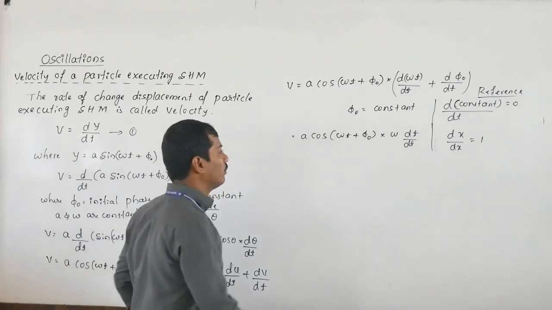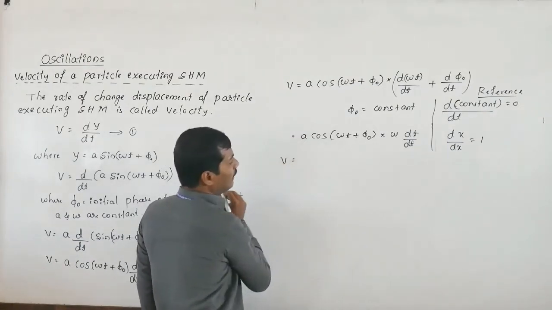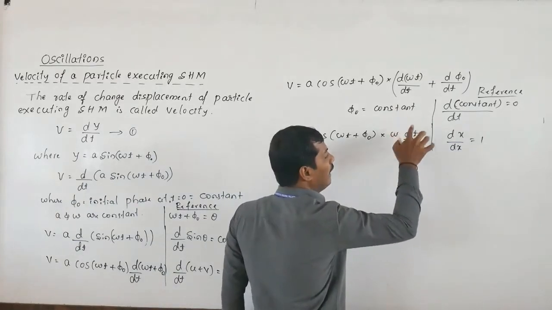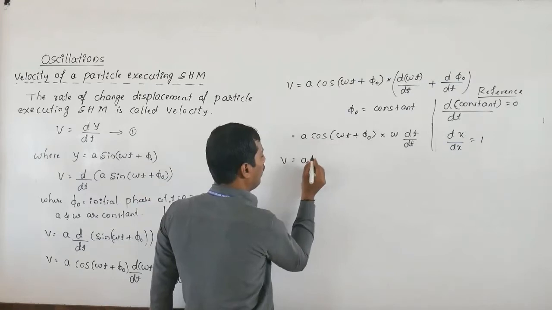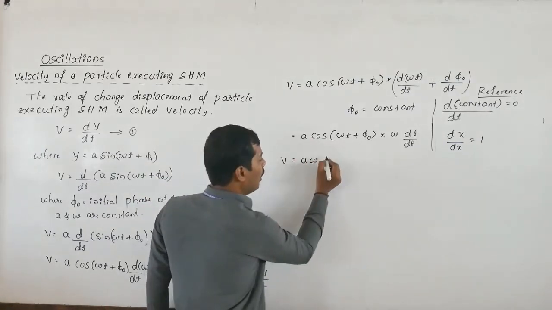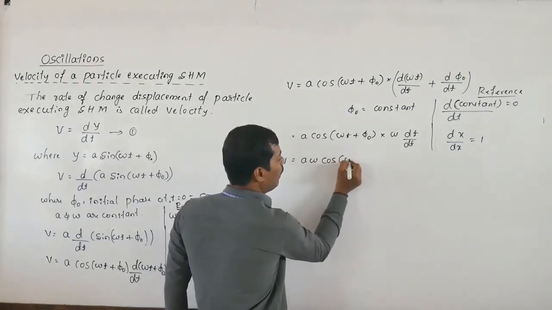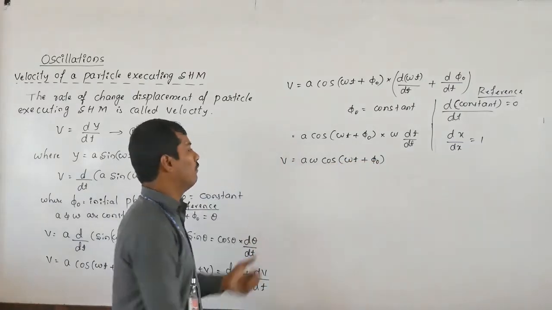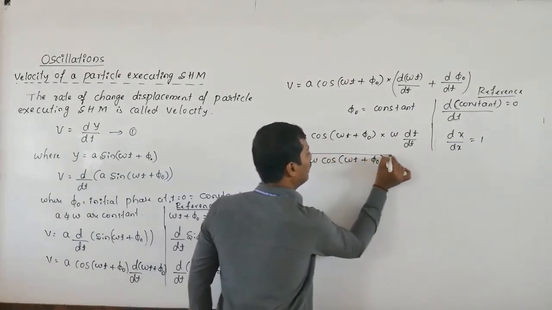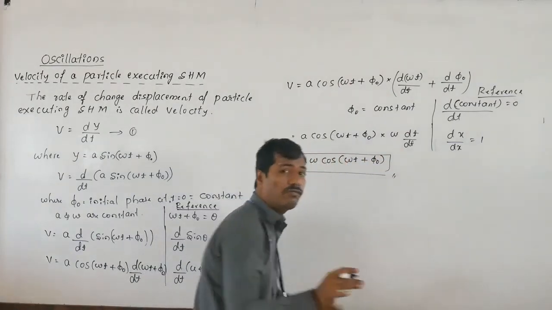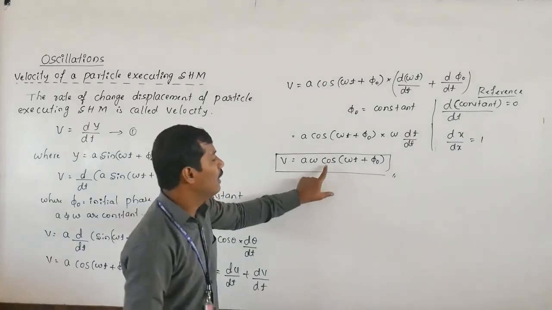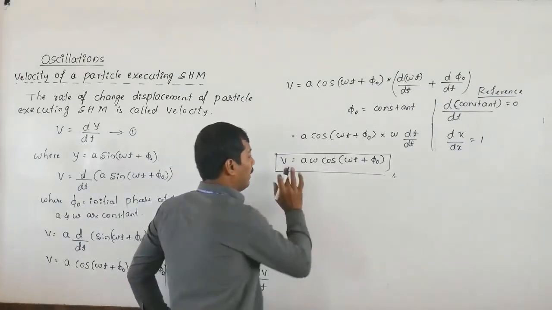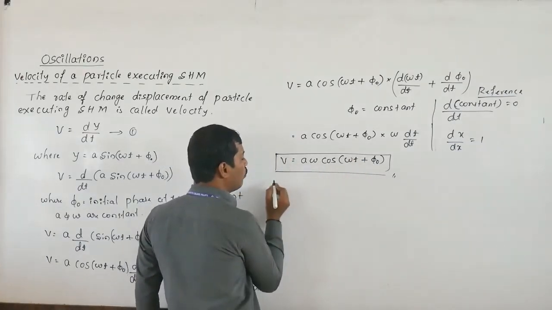Using those forms, v is equal to a into its value 1, so a into omega into cos of omega t plus phi naught is the equation of velocity in terms of the trigonometric function, with respect to the harmonic function.